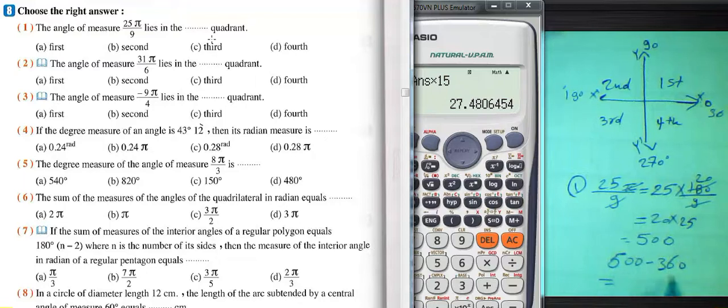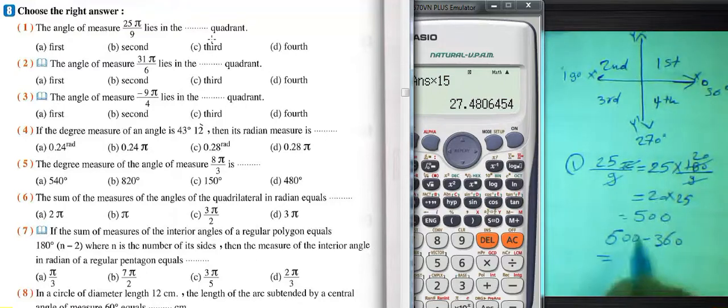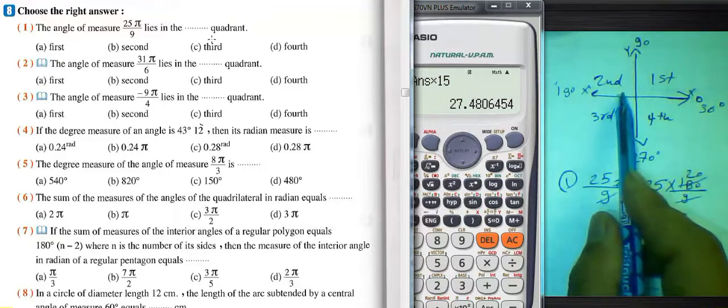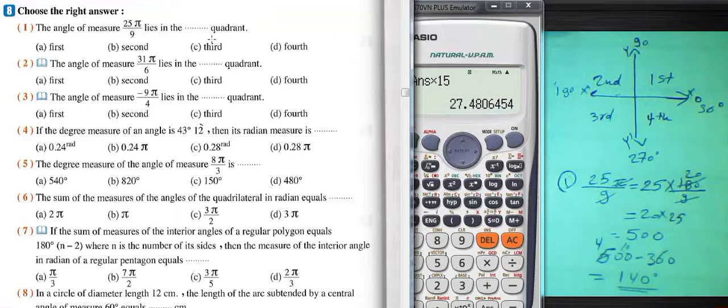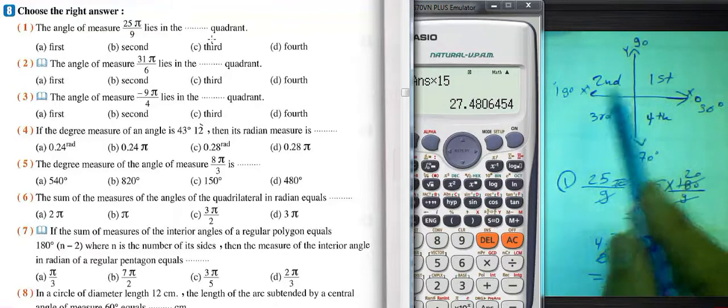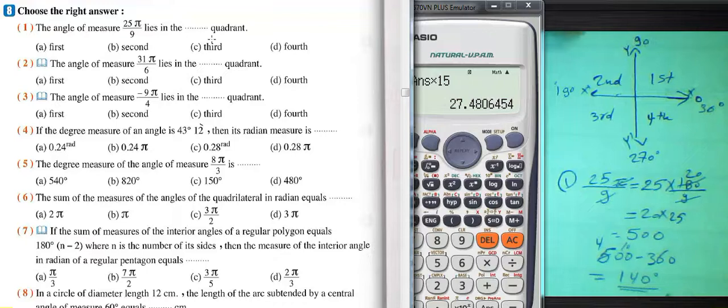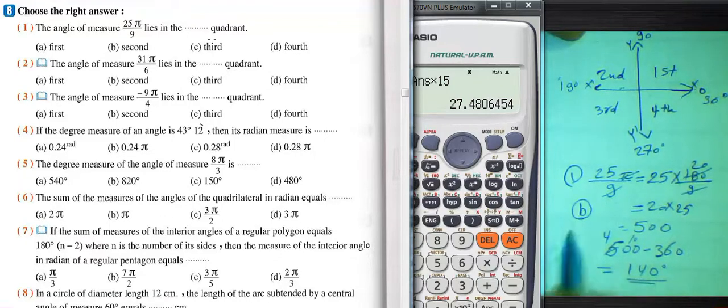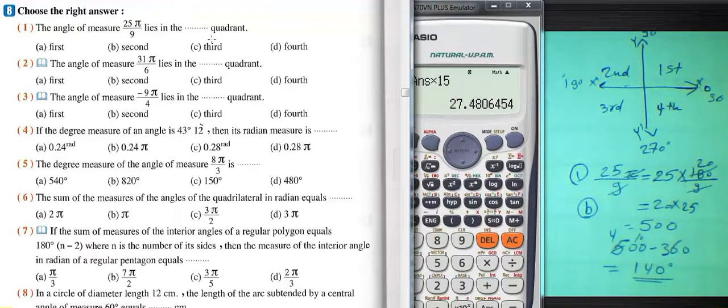It's more than 360, so we subtract 360. The result will be 140. It lies on the second quadrant because 140 is more than 90 and less than 180. So we choose letter B.